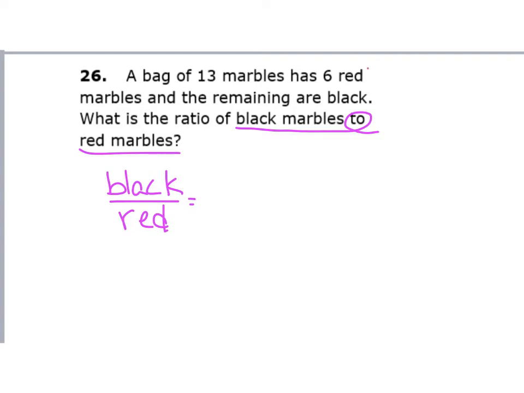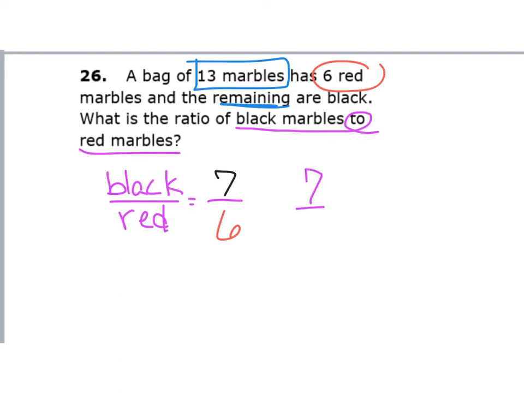My red marbles, I can see right here, there's 6 red marbles. For my black marbles, it tells me that there are 13 marbles. So if 6 of them are red and the remaining are black, that means that leaves 7 marbles left over as black. Okay? And so if you were to type that in your calculator, you would see that 7 over 6 does not reduce, so my ratio is 7 to 6.